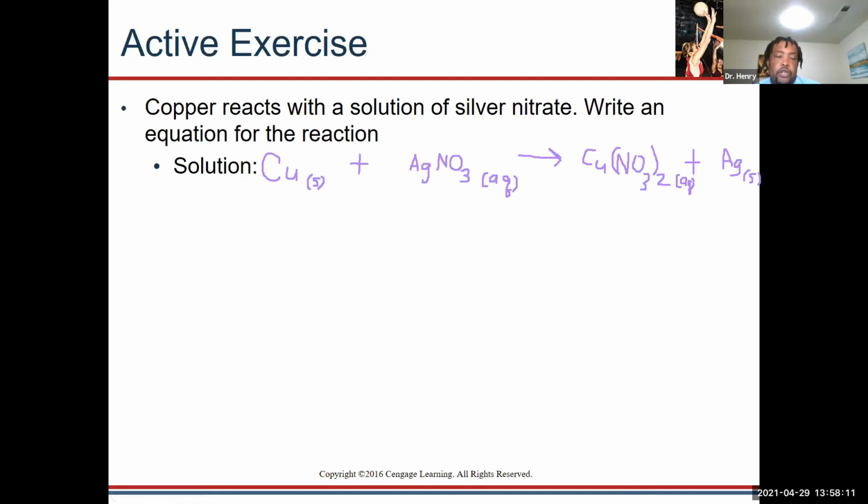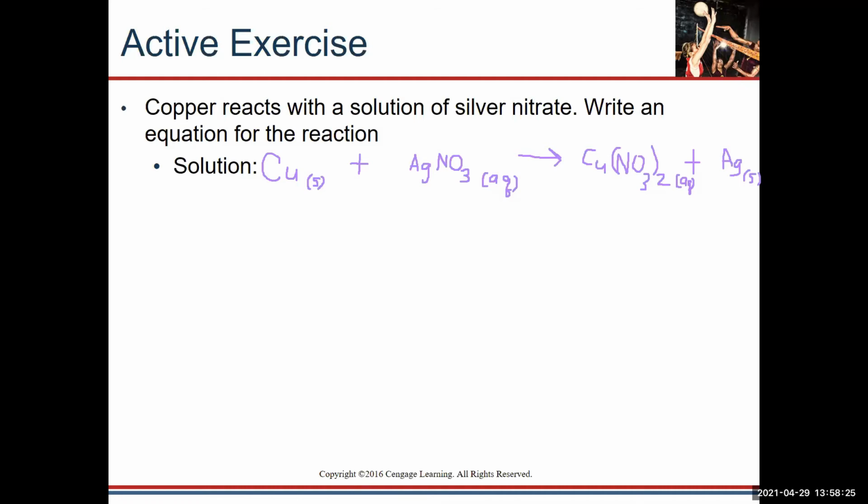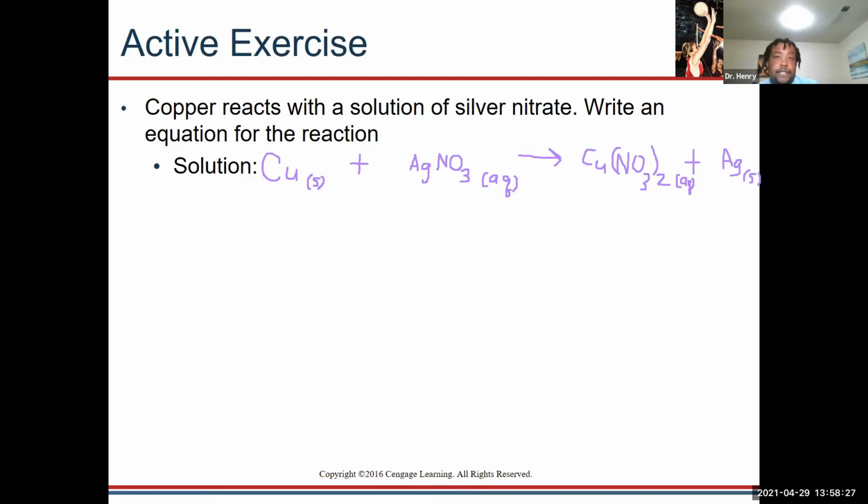Almost all metals are going to have a +2 charge, except for silver and aluminum. As we know, aluminum is always going to be +3, and silver is almost 99.99999% of the time going to be +1. Got it. Thank you. Okay, but everything else, for some reason, it just works out that way. Almost all the time, it's a +2 charge.